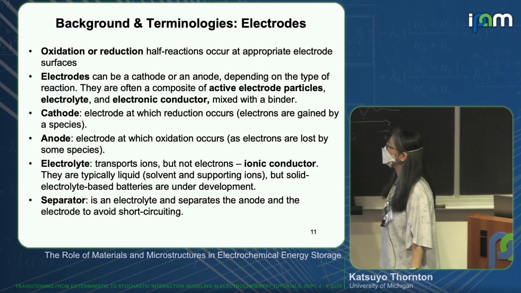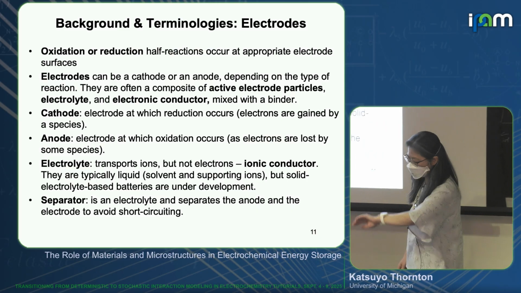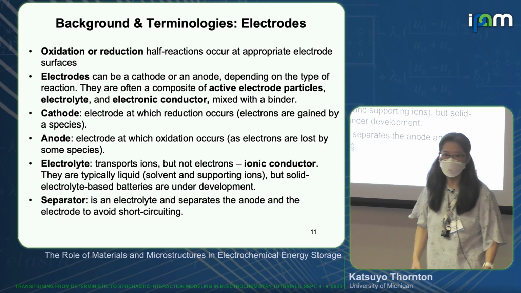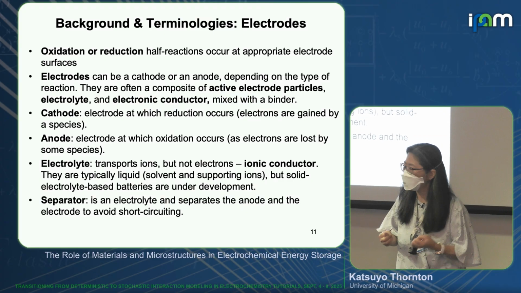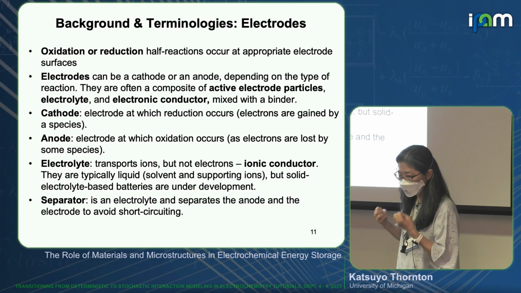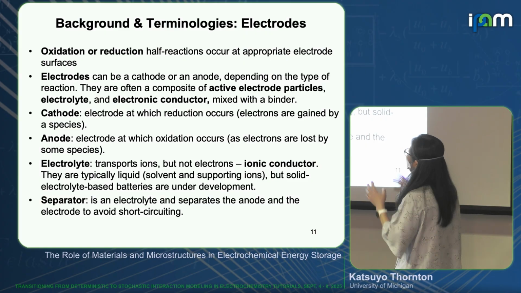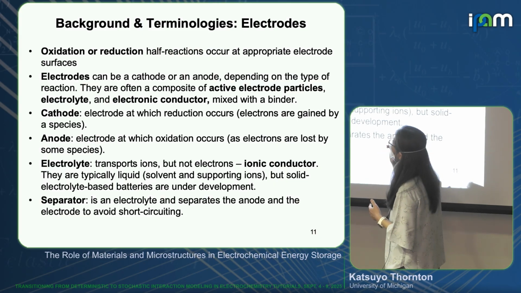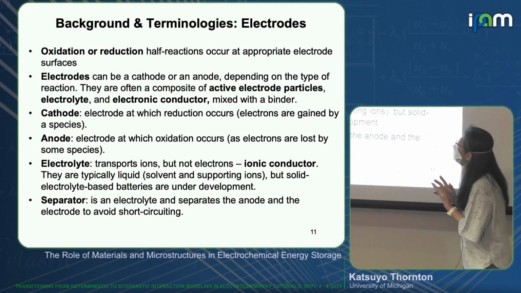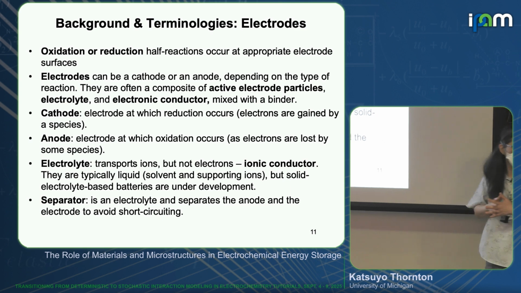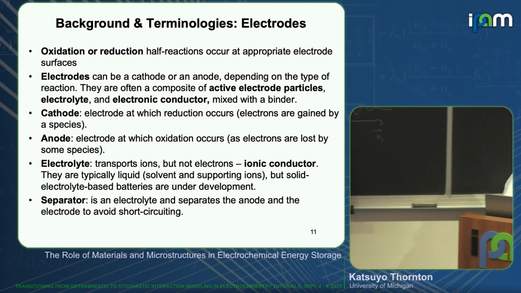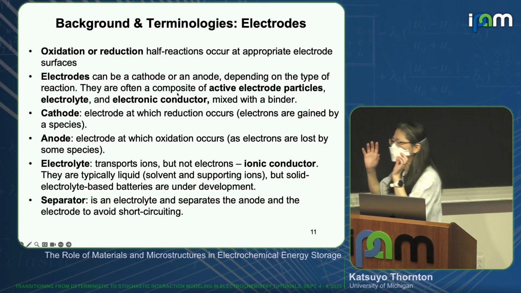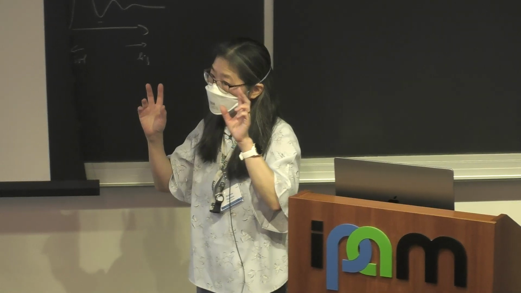So, just a quick background and terminology. Oxidation and reduction are the key reaction mechanisms that make a battery work. So redox is what happens. And there are electrodes. Electrodes can be cathode or anode, depending on the type of reaction. I apologize, when I say electrodes, it can be two things.